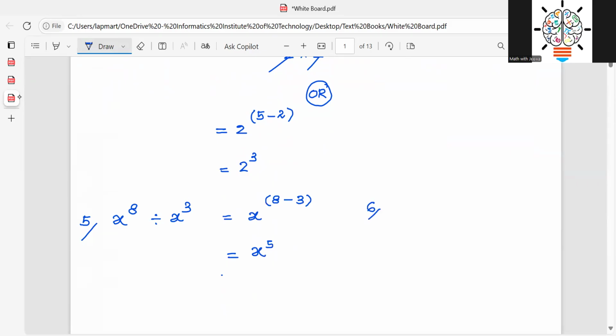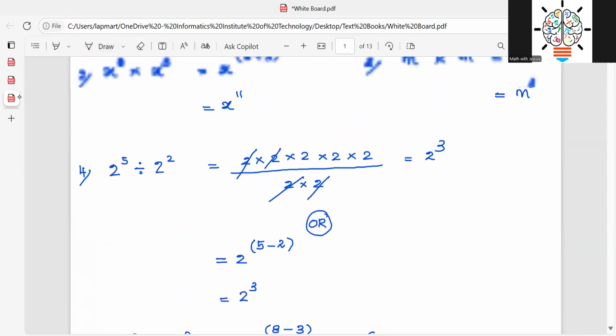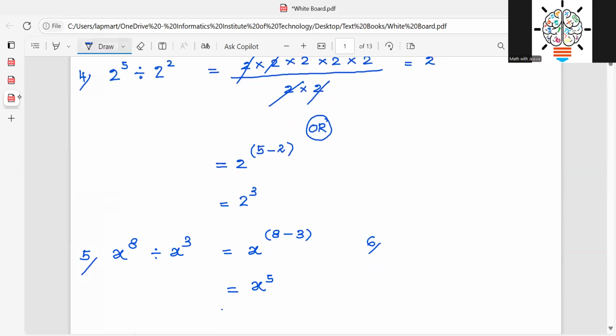And then the sixth one, what they had earlier, m to the power of negative 2 divided by m to the power of 5. Now what you are supposed to do? From negative 2, you want to subtract 5. Okay? So then you write m to the power of negative 7, right?